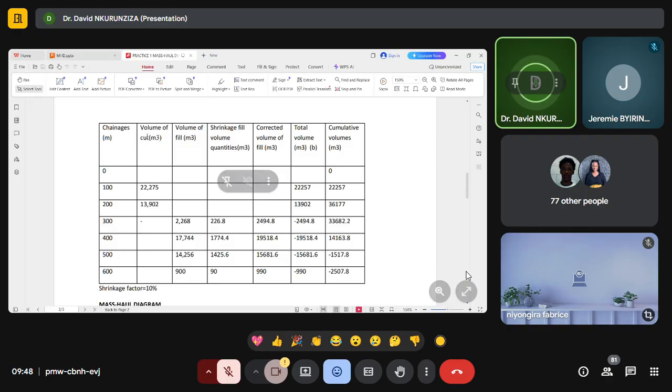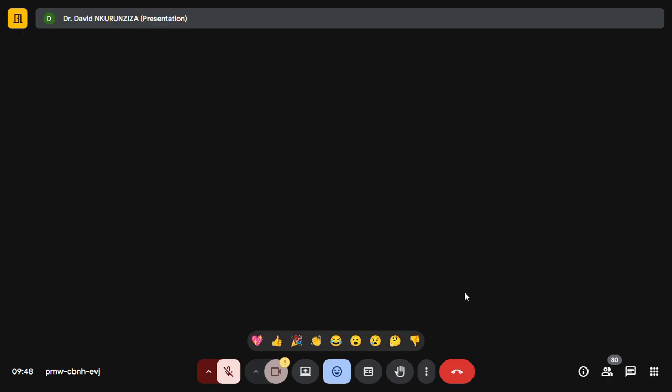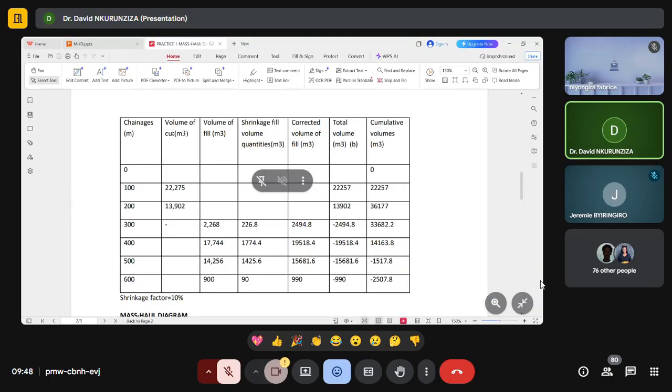On the x-axis, we put the chainages, or the distances. So you can see here you have the chainages 0, 100, 200, 300, 400. So this is a road section of around 600 meters.